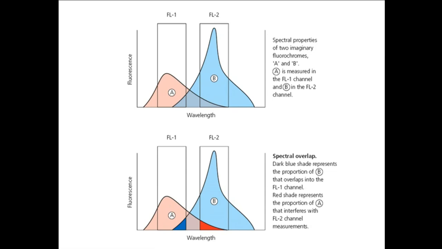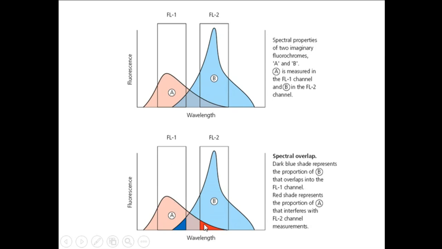So you can instruct the machine to deduct this portion of the signal. Because we know this portion of the signal isn't fluorochrome A, it's actually fluorochrome B. Okay? And likewise, fluorochrome A is only meant to be detected by FL1.